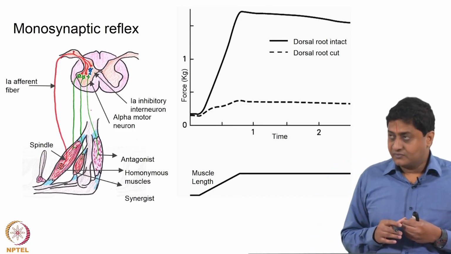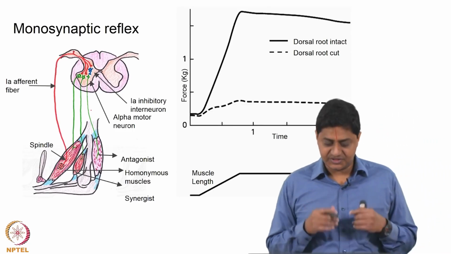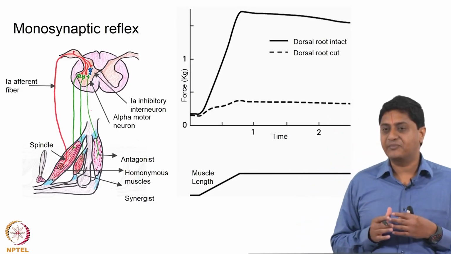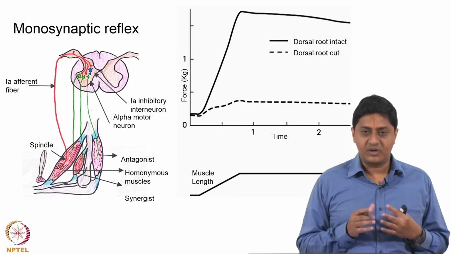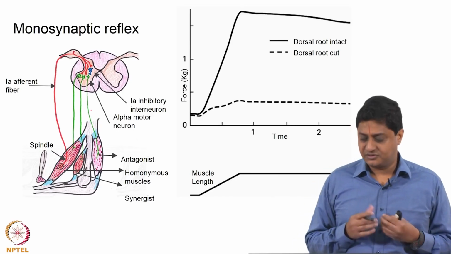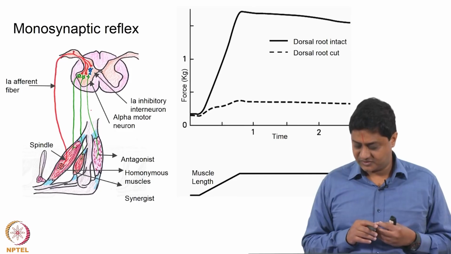For centuries, it was thought that this is actually a property of the muscle, a passive property, not related to control. For a long time this was believed.